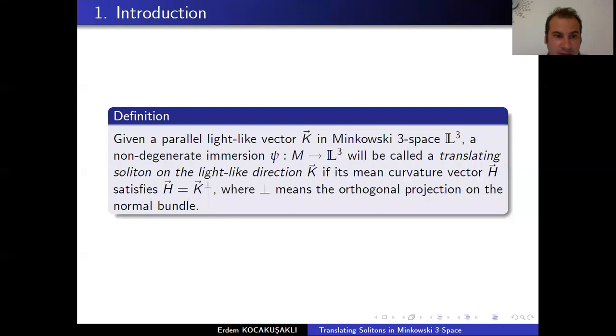Now we can give these definitions. Let K be a parallel light-like vector in Minkowski 3-space. A nondegenerate immersion is called a translating soliton in the light-like direction K if its mean curvature vector H equals the orthogonal projection of K on the normal bundle.